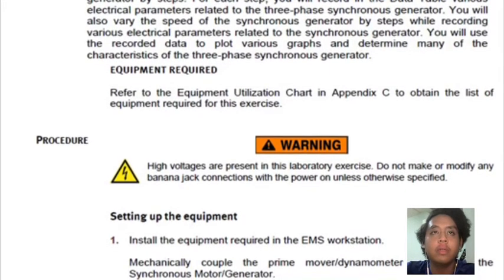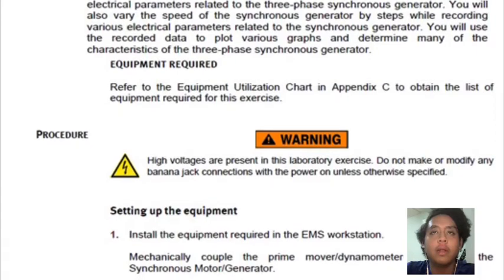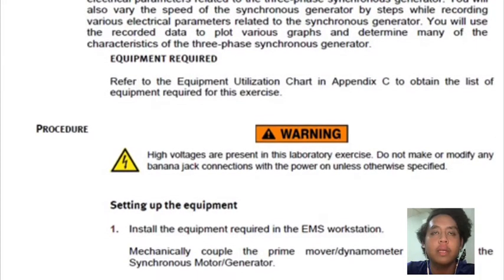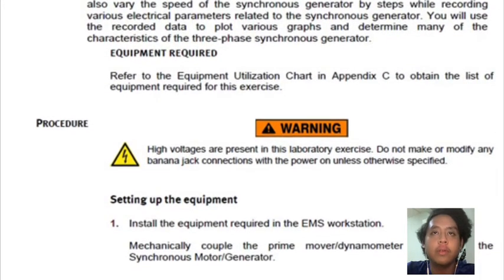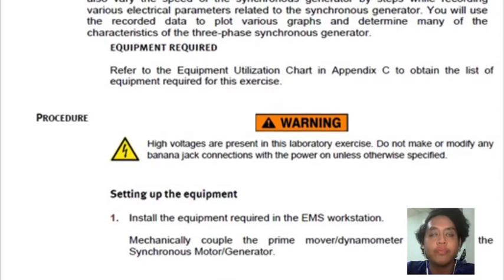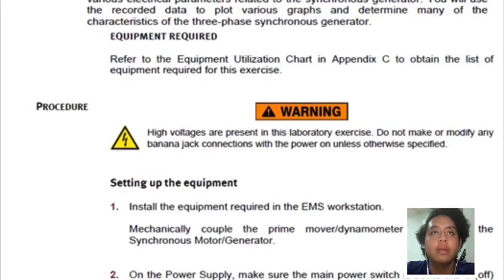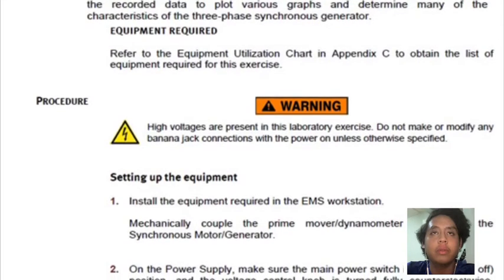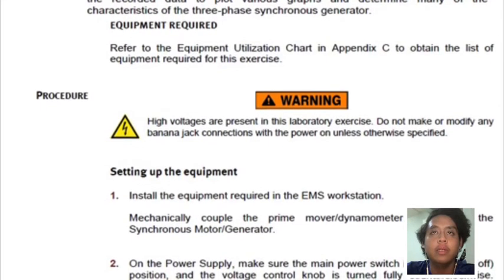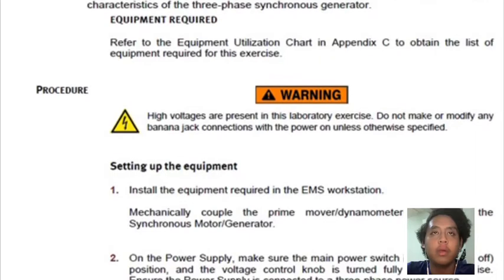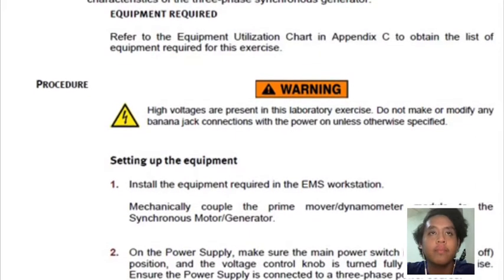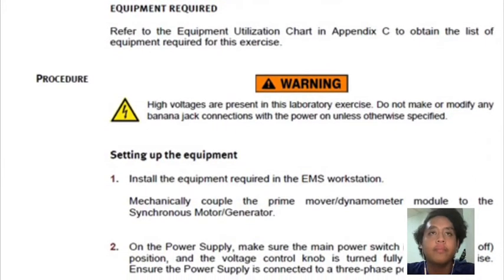Then you will use the recorded data to plot various graphs and determine many of the characteristics of the 3-phase synchronous generator. Next, the equipment required: refer to the equipment utilization chart in Appendix C to obtain the list of equipment required for the exercise. Okay, the procedure.